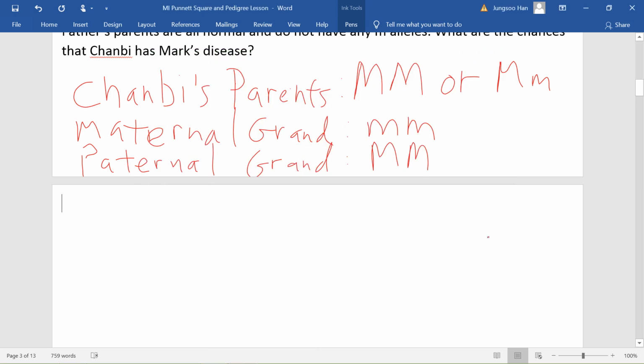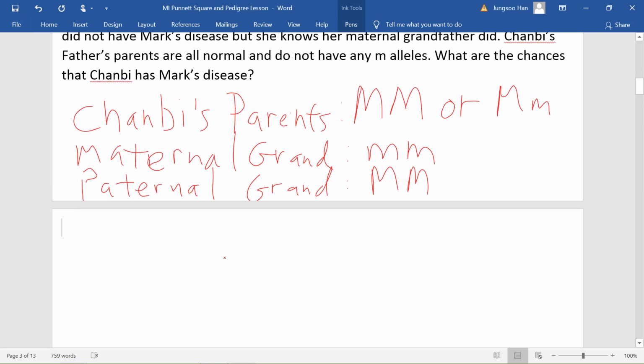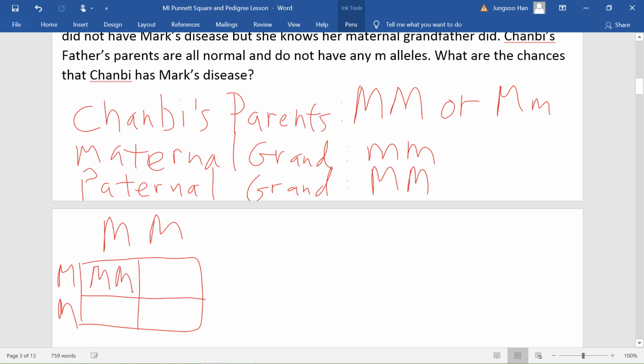All right, so that means her Chambi's dad's parents, her grandparents, because they're both big M, big M, right? And if you do the Punnett square for Chambi's paternal grandparents, it's impossible for them to have any children that have any little m alleles, okay?